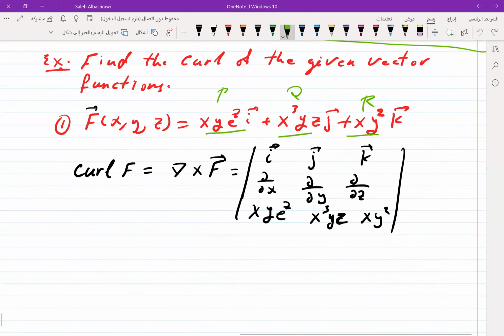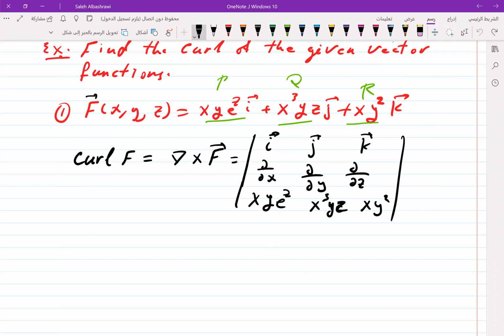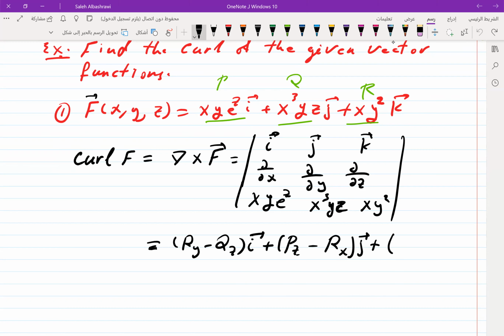So the curl for this function is equal to R sub y minus Q sub z i plus P sub z minus R sub x j plus Q sub x minus P sub y k.